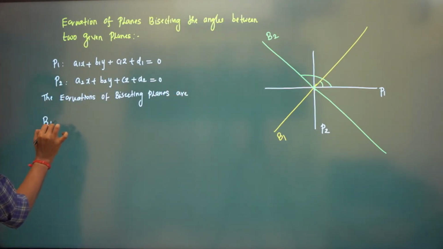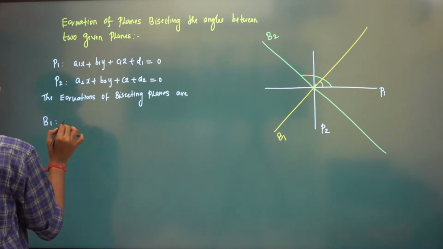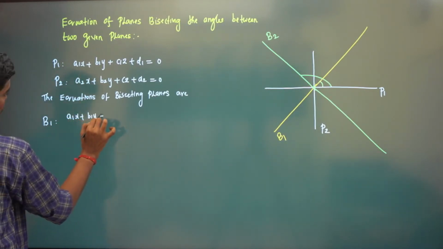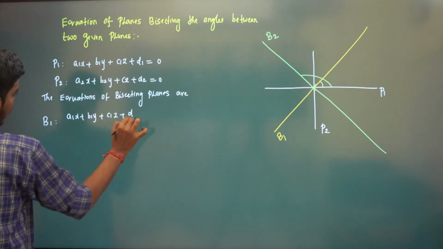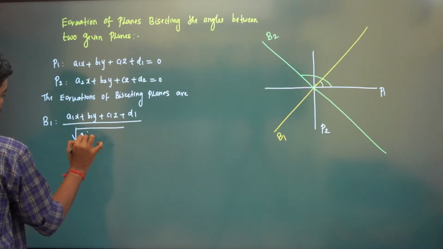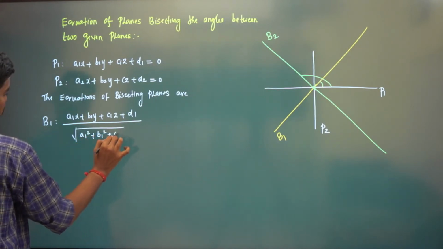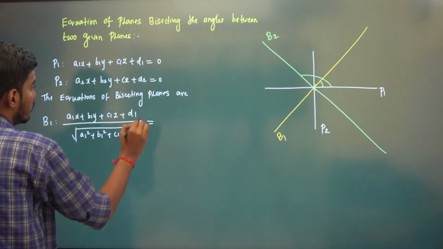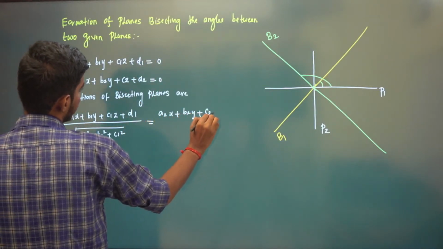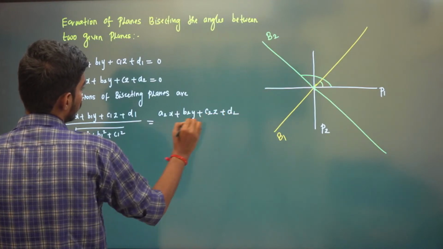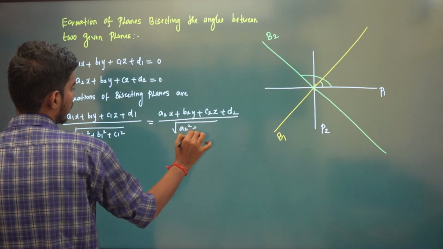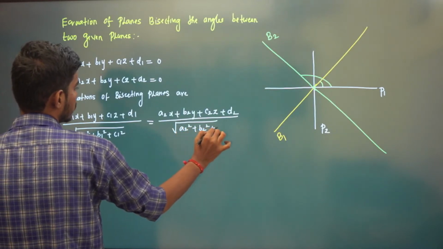The B1 equation is (a1x plus b1y plus c1z plus d1) divided by the square root of (a1 square plus b1 square plus c1 square) is equal to the second plane, (a2x plus b2y plus c2z plus d2) divided by the root of (a2 square plus b2 square plus c2 square).